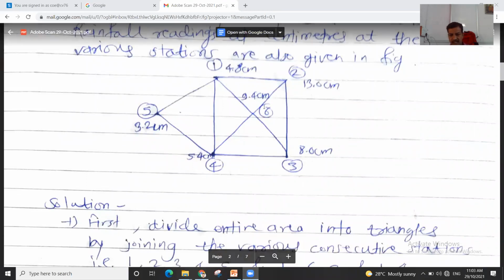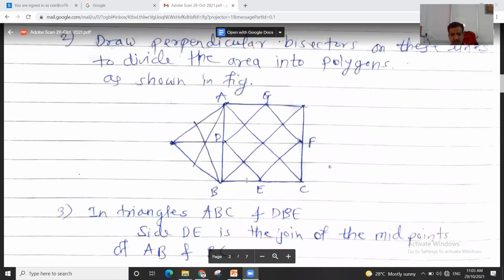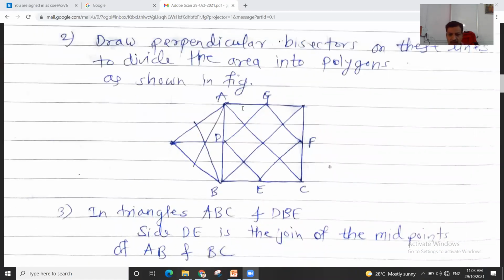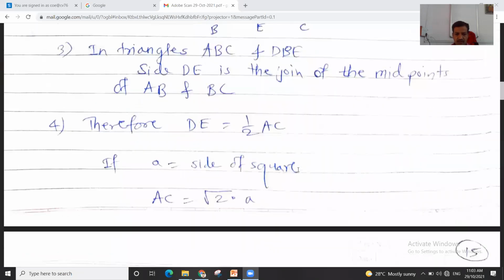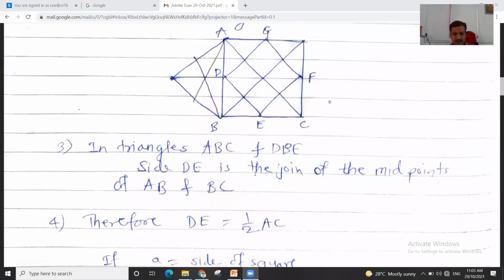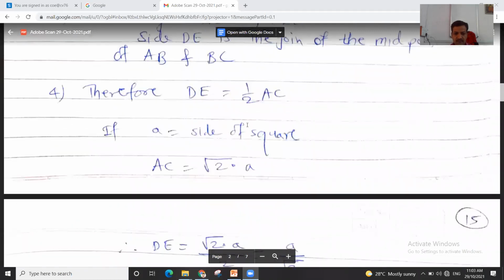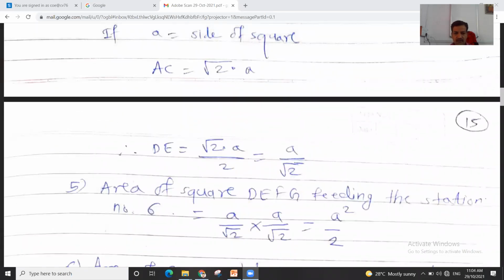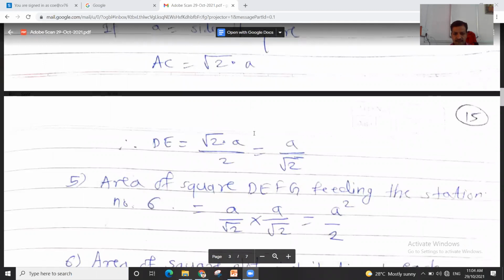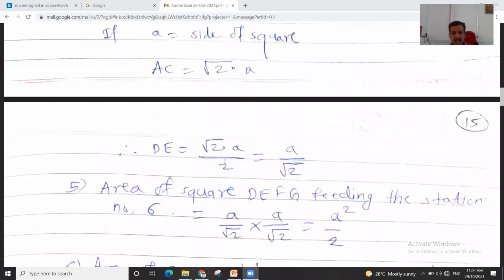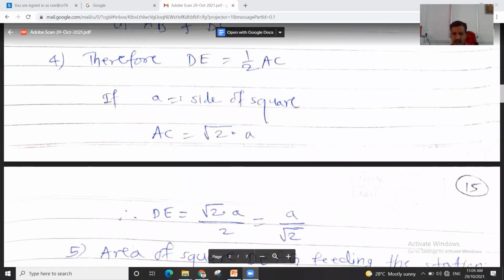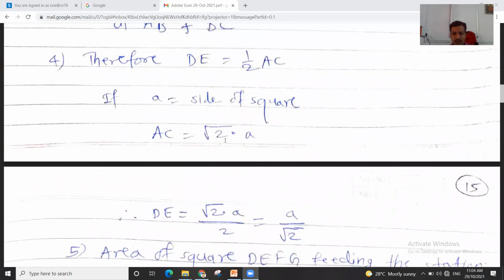So in the middle, we drew bisectors from the midpoints of the sides of the squares, drawn to form a triangle. Here AC, the diagonal of the square, we had taken as capital AC is root of 2 into a.